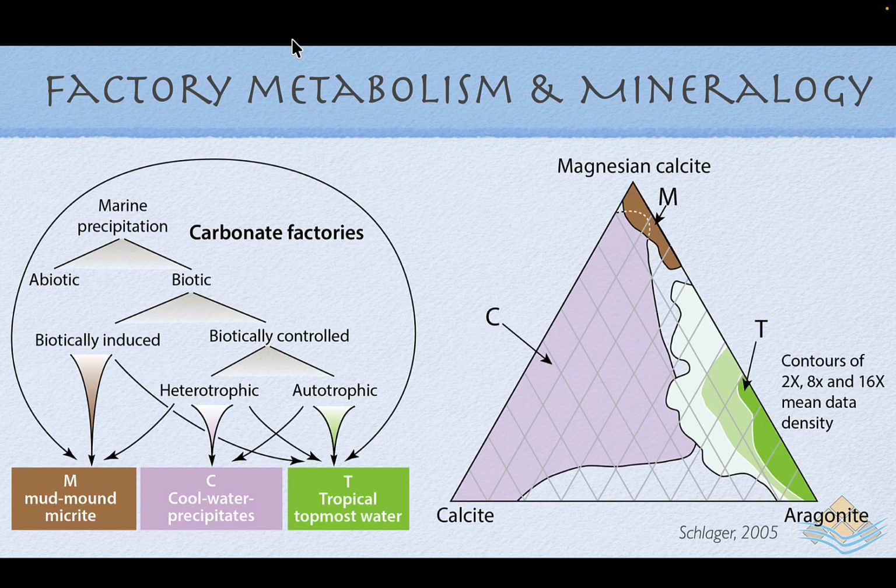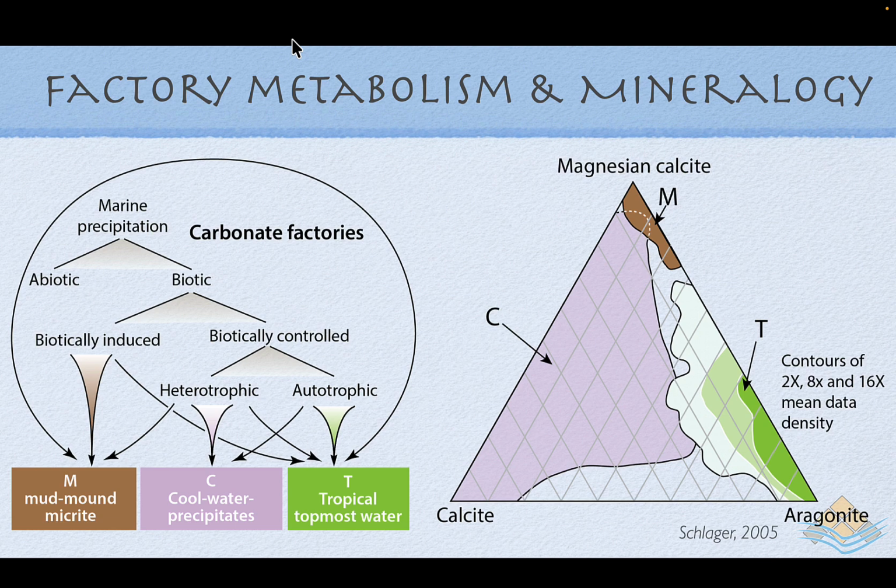Mineralogically, we also see a contrast. Coming back to this diagram, marine precipitation can be both abiotic and biotic. It can be microbially induced or biotically induced, such as we see in most mud mound micrites. It can be a heterotrophic association, as we see in the cool water precipitates, or it can be the autotrophic association, as we see in the tropical water association.